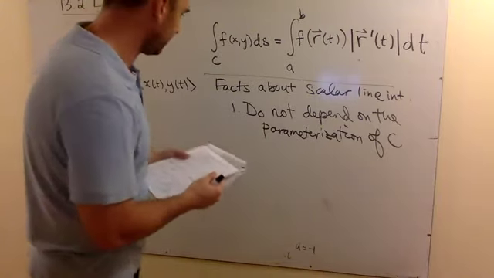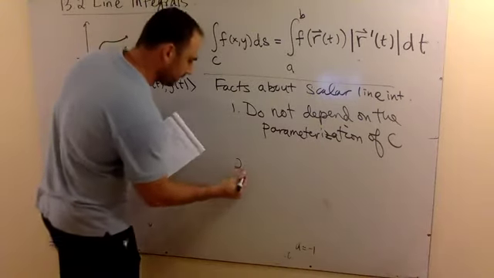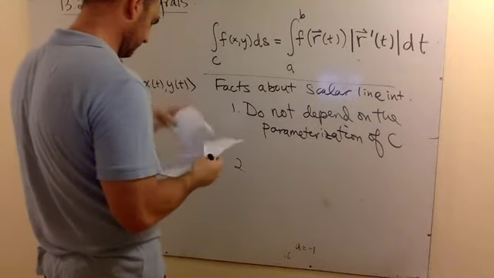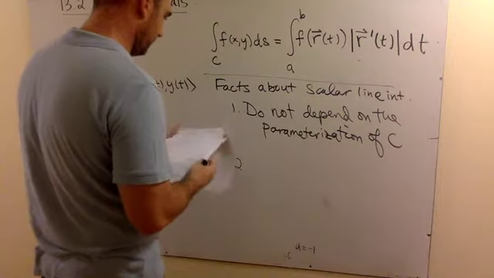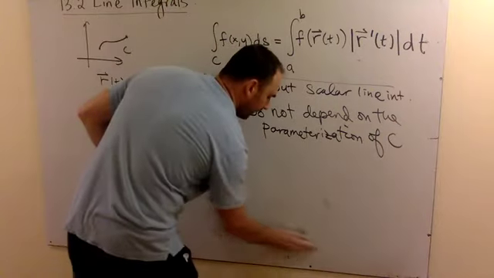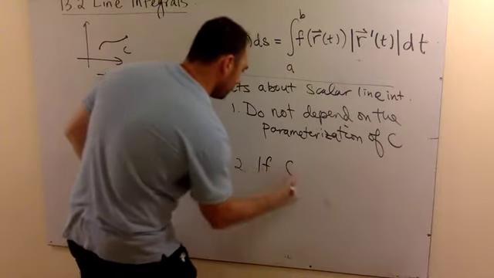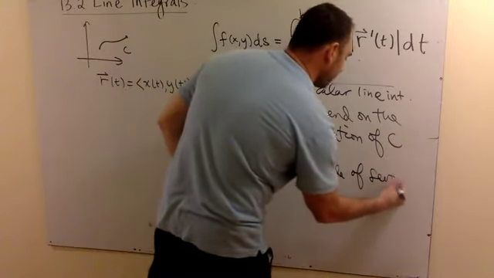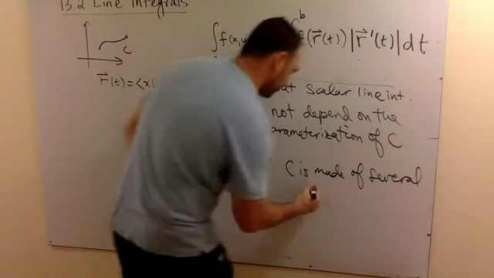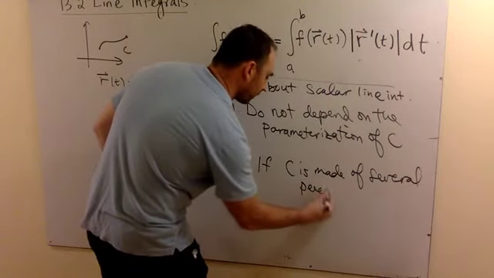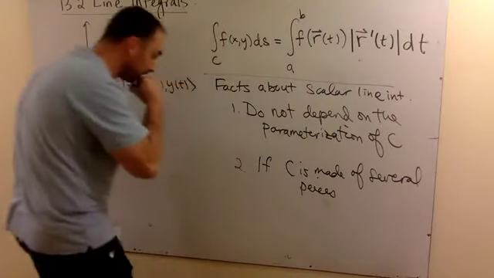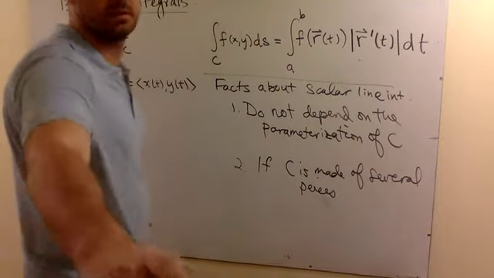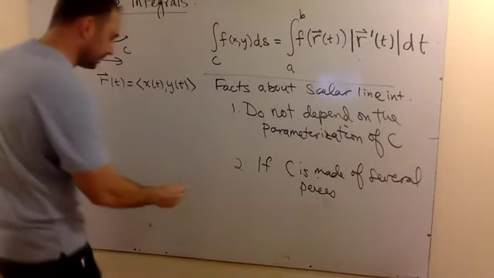And the second is, if C is made of several pieces, say my C looks something like this.